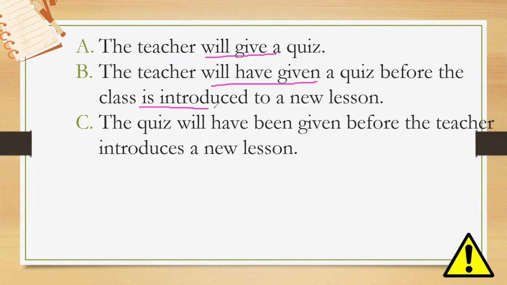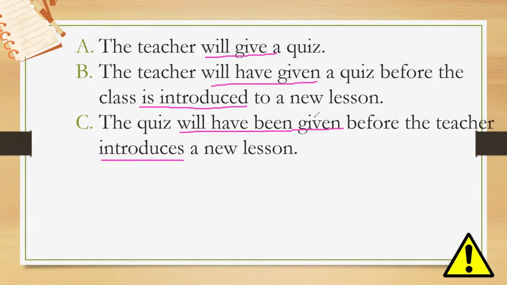We can combine future perfect tense and present tense of the verb. This one is present passive, is introduced. And therefore, it's okay to combine future tense with present tense. Will have been given is future perfect, and then you have here present tense of the verb.